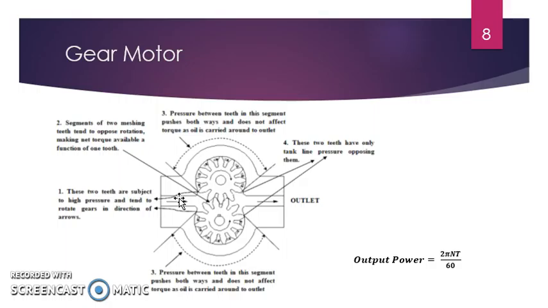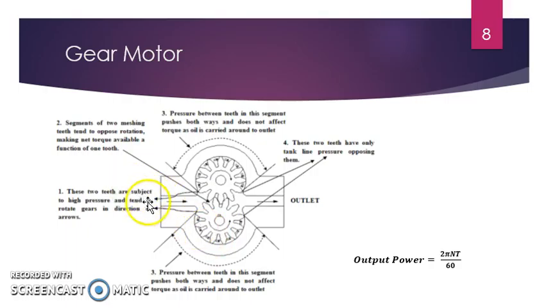In the design of a gear motor, one of the gears is keyed to an output shaft, while the other is simply an idle gear. Any one of the gears is connected to the output shaft, and the other one is a follower.